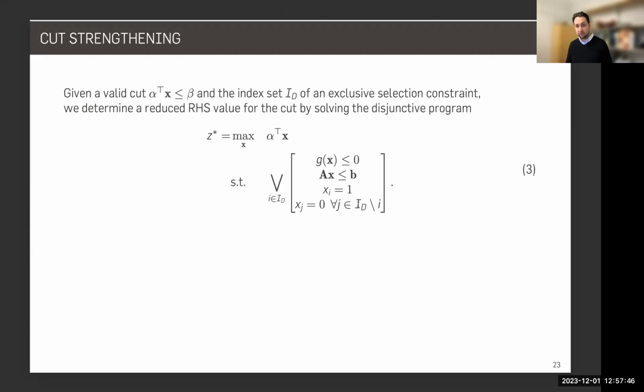So most of the variables are here still relaxed to continuous, but we are forcing the integer variables in the exclusive selection constraints to be integer, or we are enumerating the solutions.